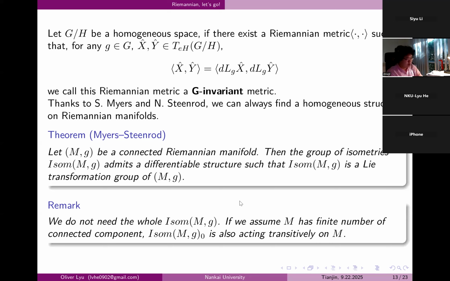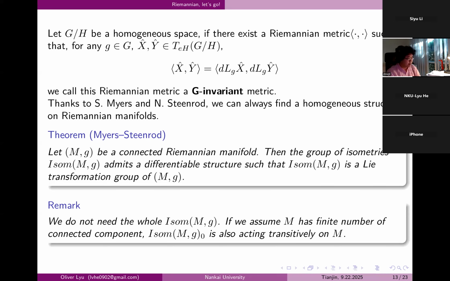Okay. The isometry group is pretty big, but we don't need the whole isometry group. In the Riemannian case, if we assume that the manifold has a finite number of connected components, the identity component of the isometry group also acts transitively on it, because, like we said, G mod H is a diffeomorphism of M. So if M is compact, then G is compact.